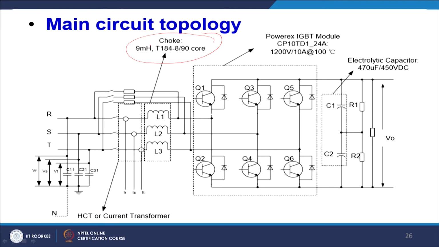That will depend on the value of the switching frequency for the continuous conduction mode; all those issues are required to be taken care of. From there you can design the value of the inductor.